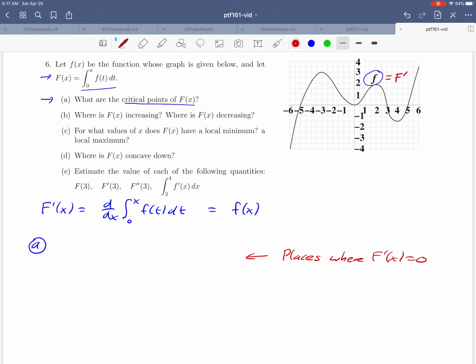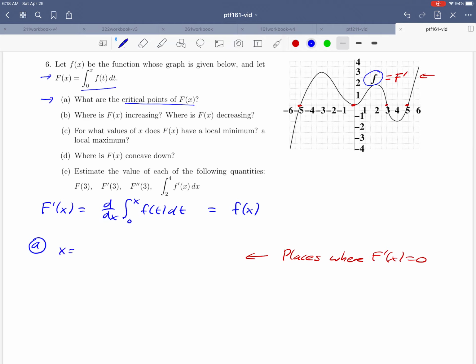Well, up here, we've got a graph of capital F prime, and so we're looking for where that derivative graph is equal to 0. Okay, and I can see a few points where that happens. There's just going to be the places where this graph touches or crosses the x-axis. Those are the points that we want to list.